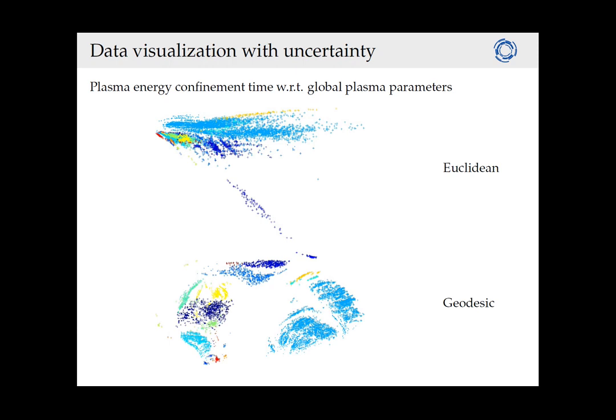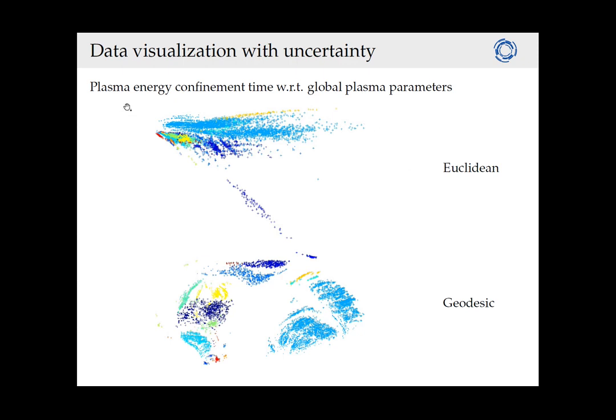Okay, then as an illustration of this, I want to show you the difference between Euclidean distance and geodesic distance between probability distributions. So let me show you this example.